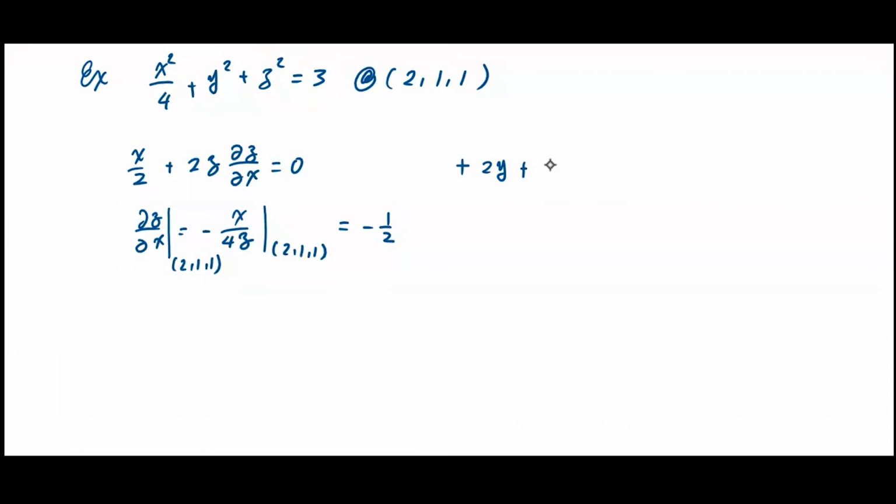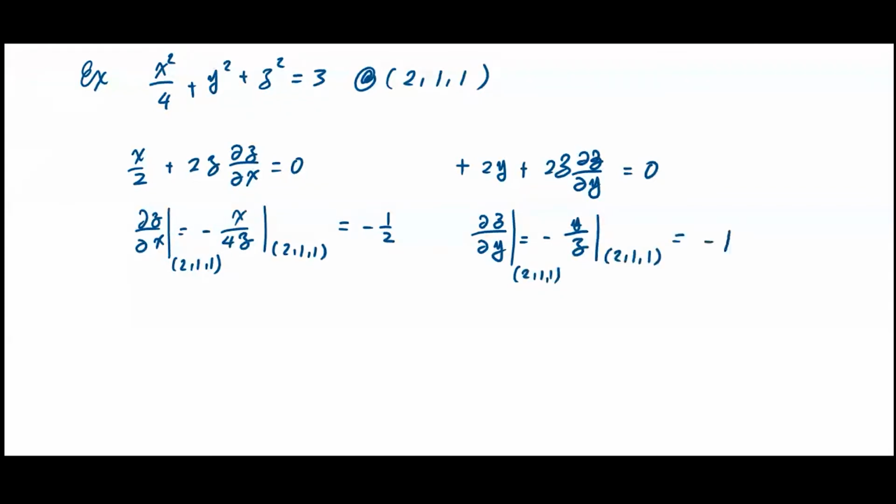And then plus 2z, and the chain rule is equal to 0. And that gives you partial z over partial y is equal to negative y over z. And while we are at it, we'll evaluate this at 2, 1, 1. So we have negative 1. So far, so good?